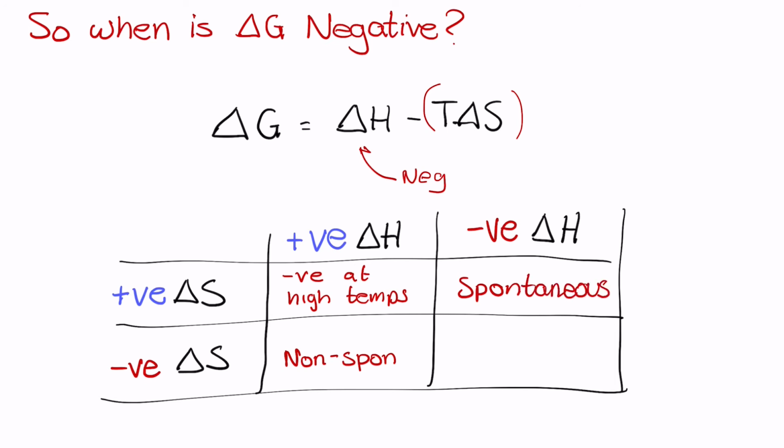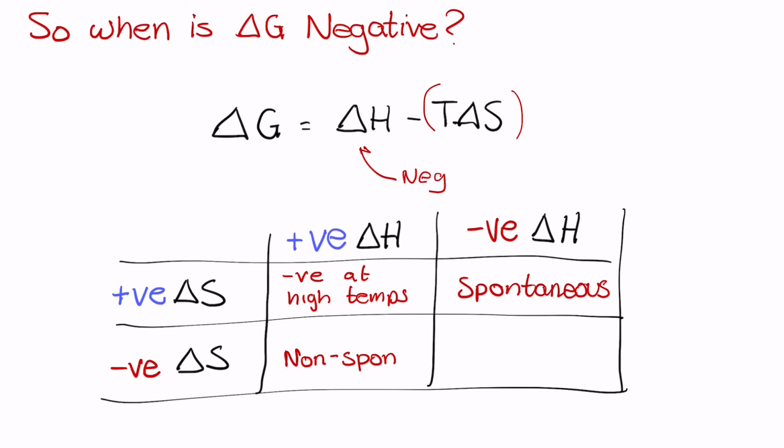In the last one, we have a negative delta H, and we have a negative delta S. So if delta H was negative, we would need temperature times delta S to be essentially 0.